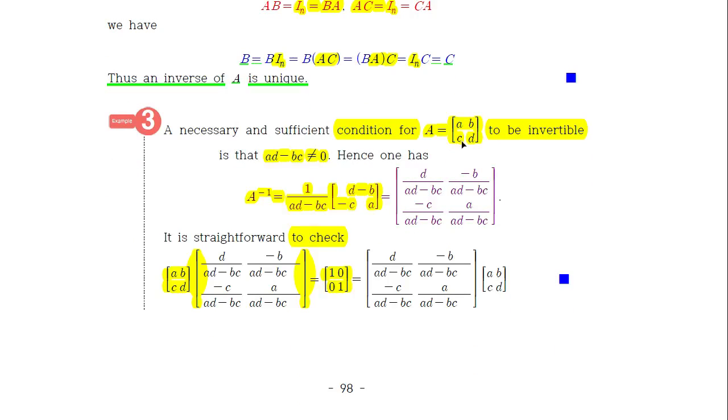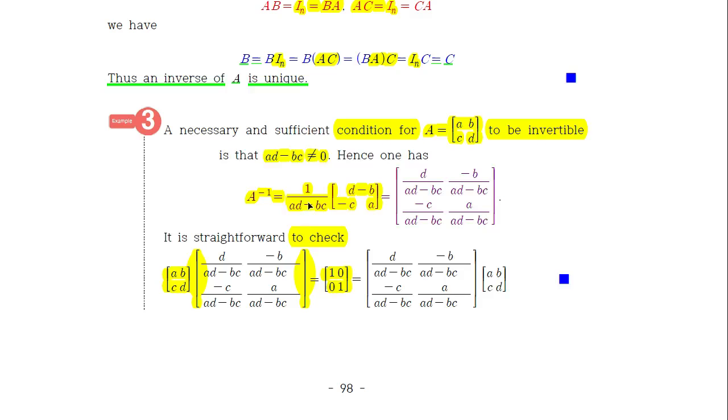For a 2 by 2 matrix, you learned the inverse of that matrix can be found in this way. But in order to do so, the denominator should not be 0 in order to be defined.